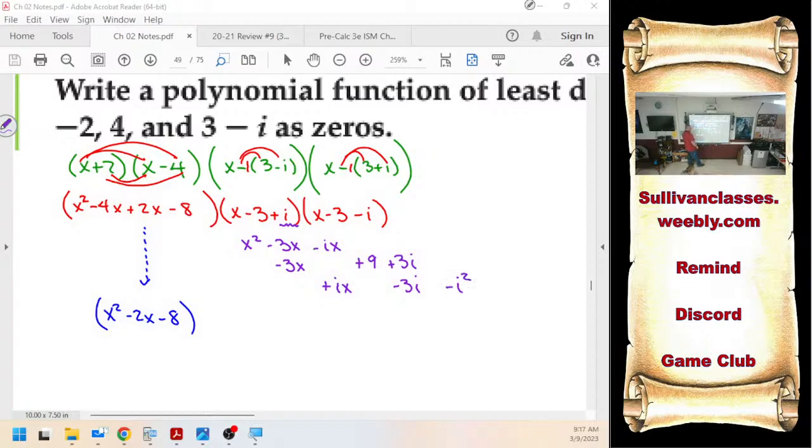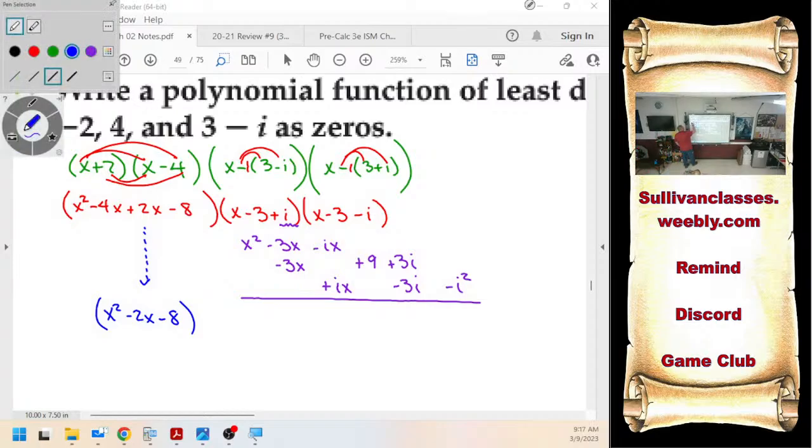There's no other like terms with it. All I did was organize my distribution. You distribute however you're going to, but then you do have to combine like terms. I find that this helps me organize my stuff. Box method is also great for this.